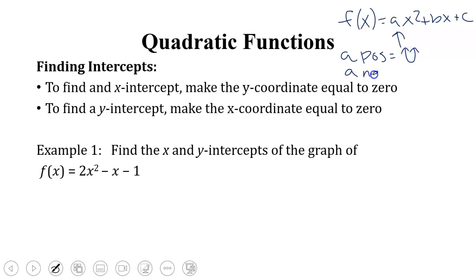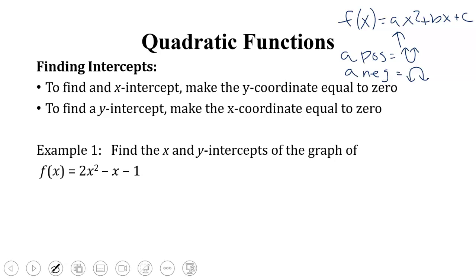If the a is negative, it's going to open down. So if that first number is positive, our parabola is going to be up. If that first number is negative, our parabola is going to be opening down. So that's how you know which drawing. You can check yourself in that way.